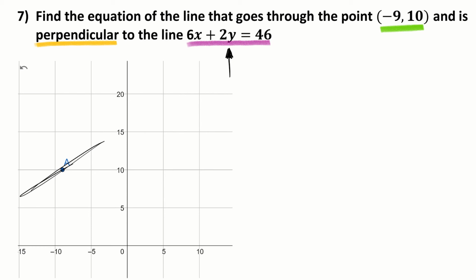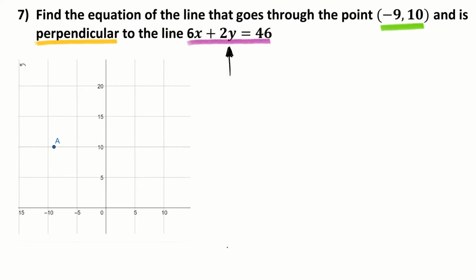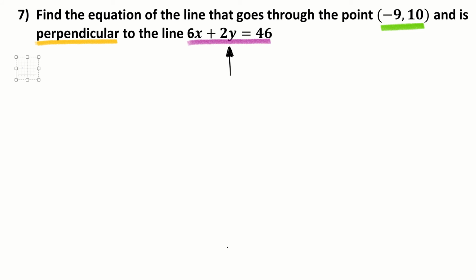So let's start by finding the slope of this line that I've underlined in purple. And to do that, I'm just going to go ahead and rewrite that in slope-intercept form. So I'll rewrite it as 2y is equal to negative 6x plus 46. So you can see on each side I've taken away 6 times x. And then I'm going to divide both sides by 2.